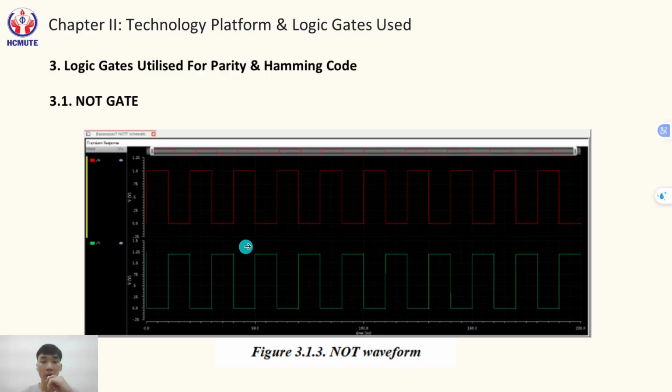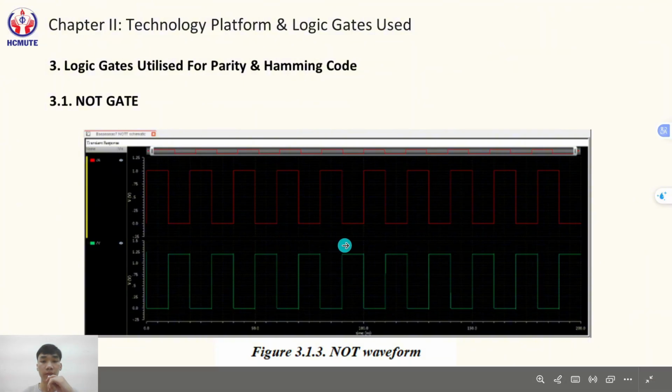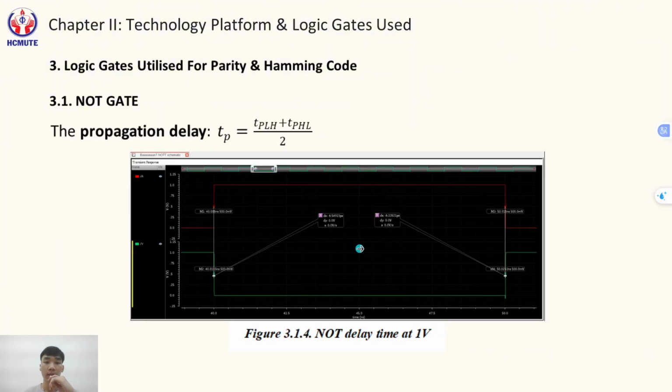From the waveform, we observe that at all times, the output Y is the inverse of the input A, and the propagation delay is the time by which the output signal changes slightly later than the input signal, and it is calculated using this formula.